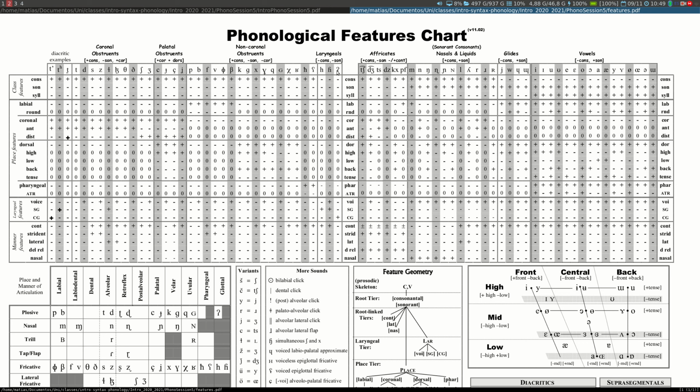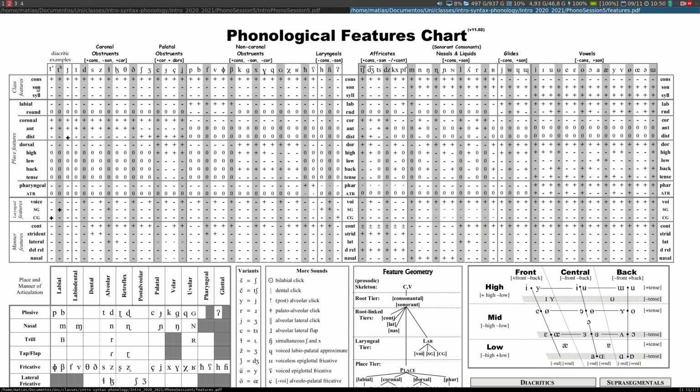Laryngeals are actually not consonants according to this table. That's because they often pattern regarding their consonantal status with vowels and semi-vowels. This might be a little bit counterintuitive, but it makes sense for many languages.